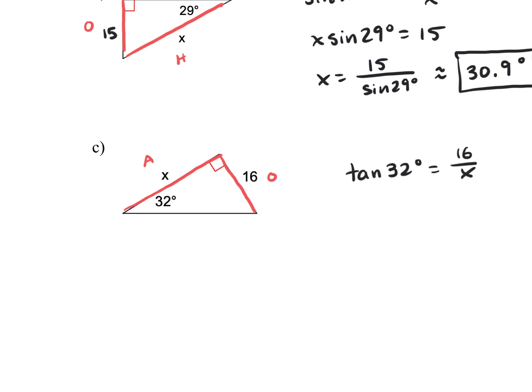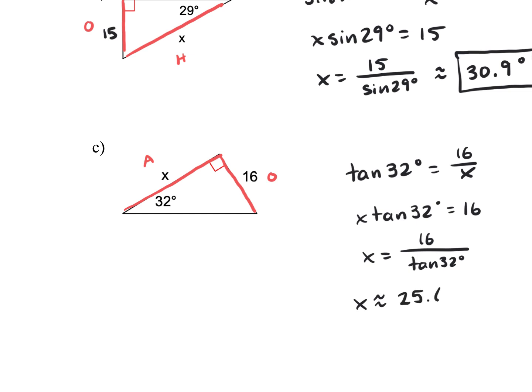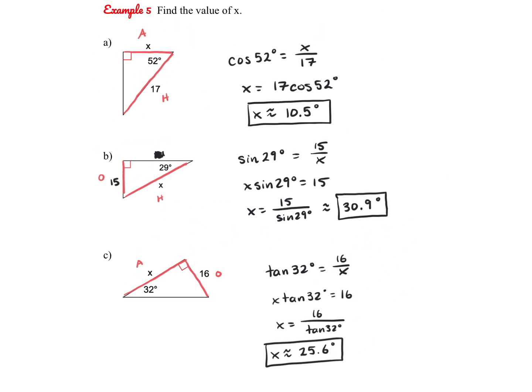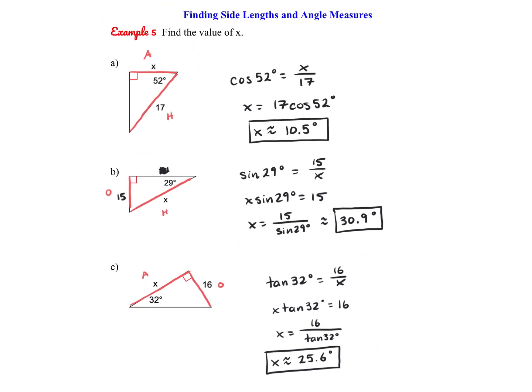I'm going to multiply both sides by x, and then I can divide both sides by the tangent of 32 degrees. And then from here, just using our calculator, we get approximately 25.6 degrees. And there you have it.